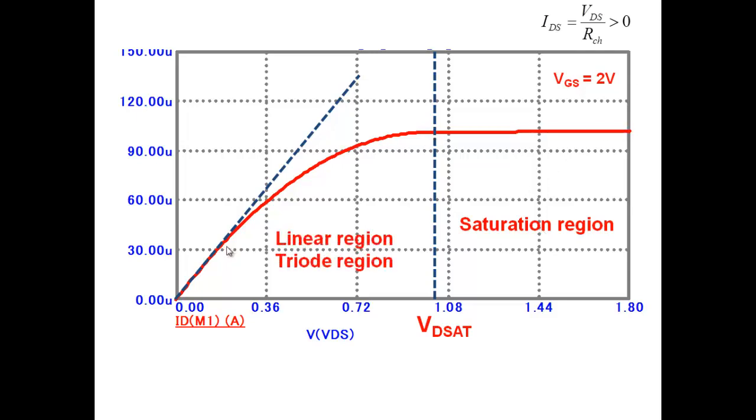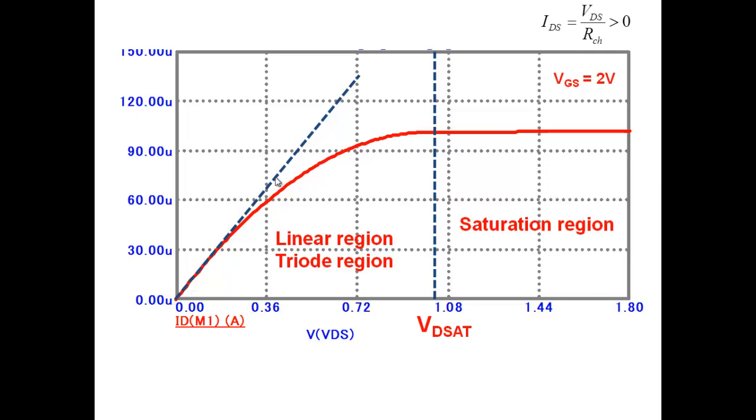And this region is called the linear region, because this is where it is linear. But in analogy with the pre-transistor era vacuum tubes, we also call this the triode region. So you'll hear the words linear region, triode region for this part. But note that it's not linear, as you can see here. It's only linear very, very close to the origin. You can think of it as linear.